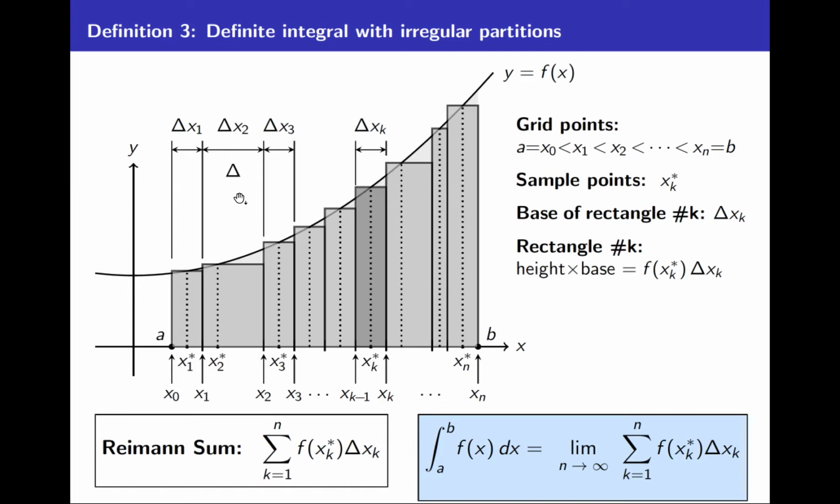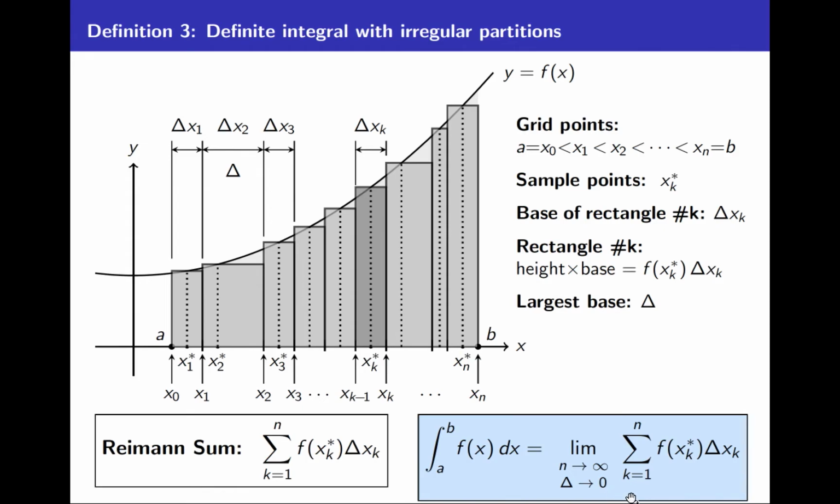So to accomplish that, it's traditional to call the length of the greatest base delta. So the largest base of your rectangles, you're going to keep track of that and call it delta. And we insist in this limit that that largest base delta approach 0 as n goes to infinity.